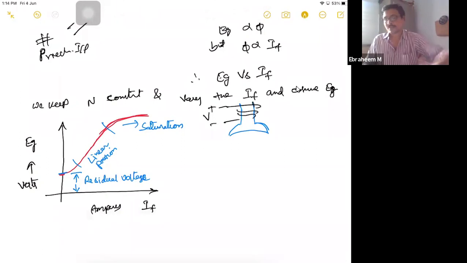So after manufacturing, they will test it, and once the field winding is excited, it will act as an electromagnet. Field poles will act as electromagnets. So what happens here is, even after you remove the supply, there will be some residual magnetism.